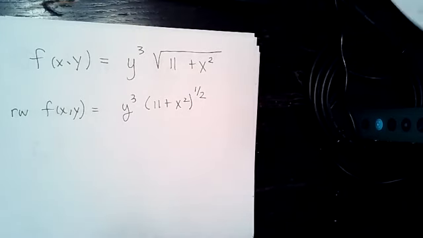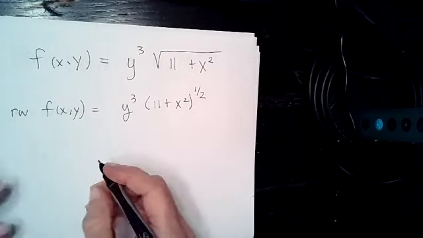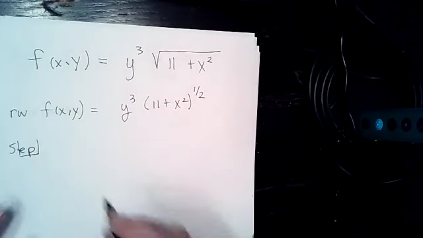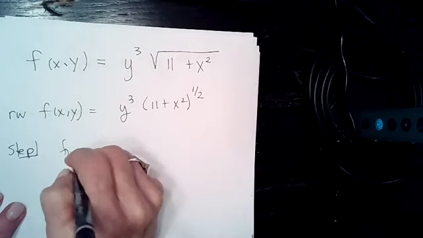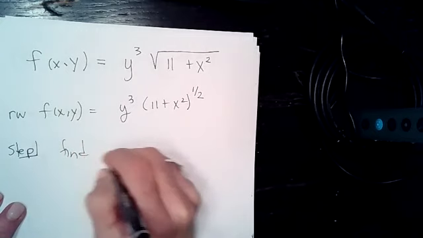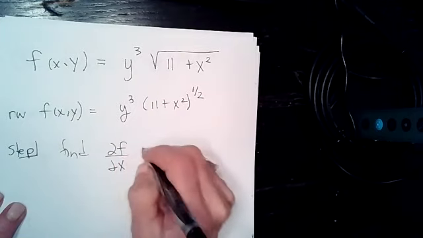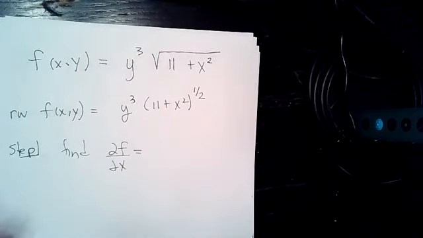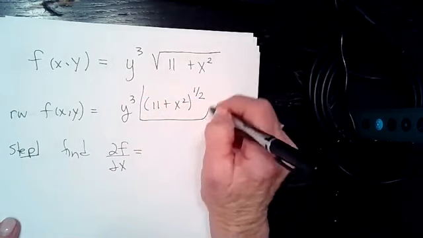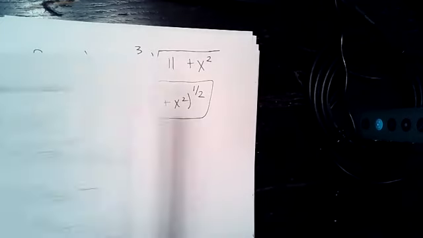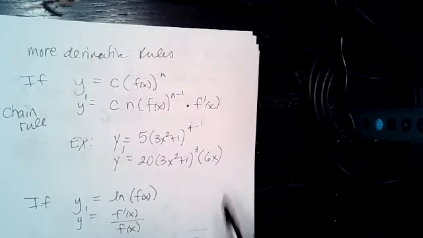Okay. All right. So the first thing I'm going to do, step 1, is find the derivative of f. I always ask with respect to x first, okay? All right, so this is my x term. It's underneath that 1/2 power, okay? So let's look at my chain rule, okay?